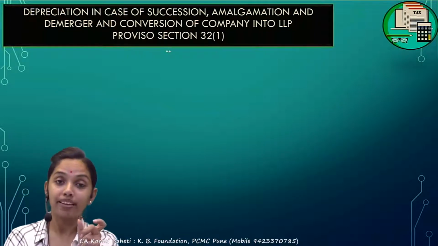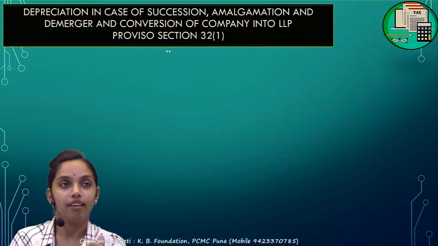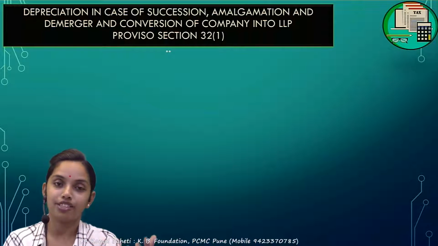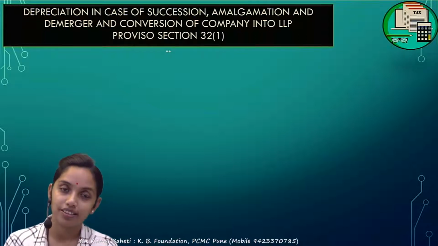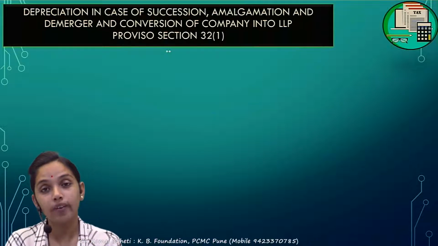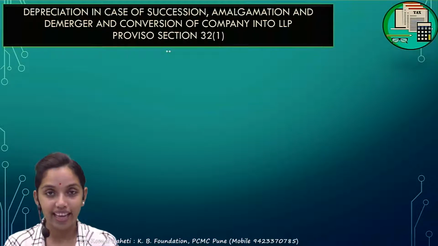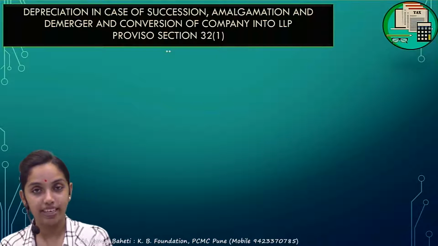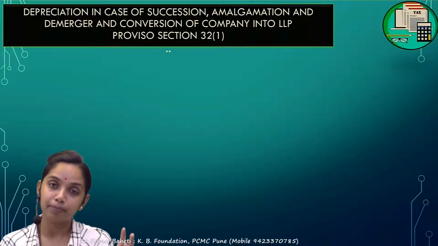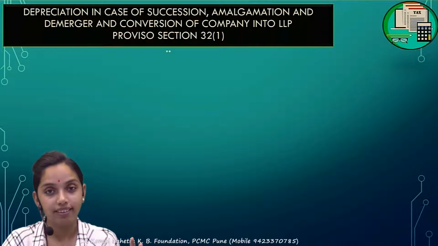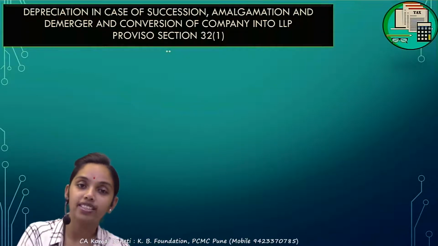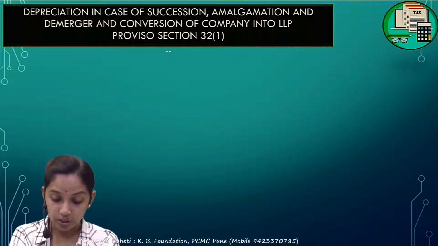But if it is in the middle of the year, for example, on the 1st December there was an amalgamation, the question could arise: who will get the depreciation? Whether A or B. If A is amalgamated into B, will the amalgamating company get the depreciation or the amalgamated? The successor or the predecessor, who will get the depreciation? That could be the question.